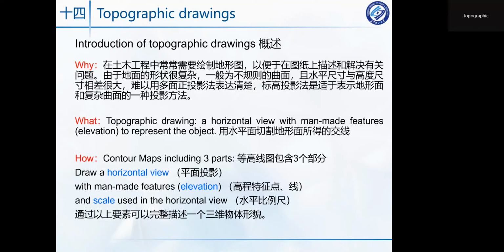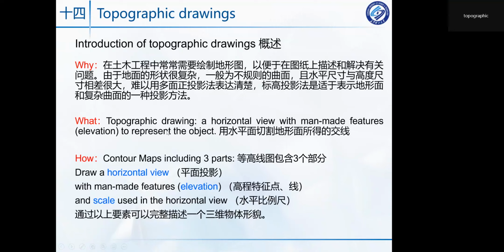You can imagine a mountain, and we use a horizontal plane to cut this mountain at different elevations, and we can get the cross section, the intersection line of the horizontal plane and the mountain. That irregular curve, we call the contour.